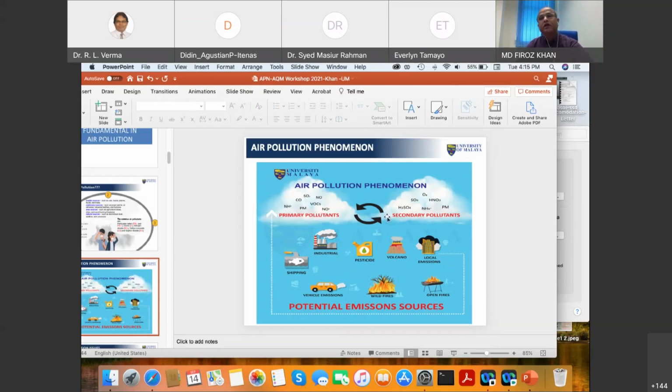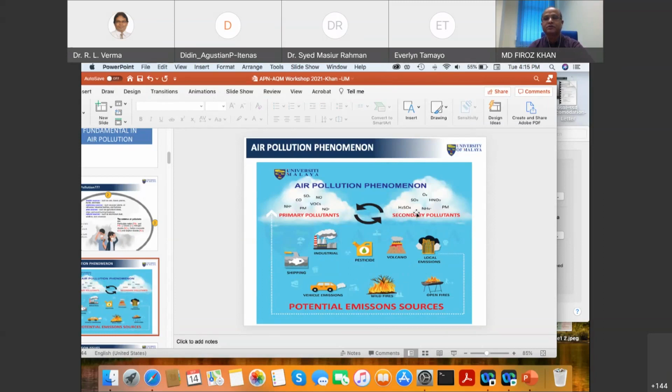And then on the right side, the secondary pollutants are mostly coming from the precursor gases or particles that come from the primary sources. And there are a number of atmospheric processes that keep occurring, for example, heterogeneous chemical reaction, photochemical reaction, physicochemical reaction.